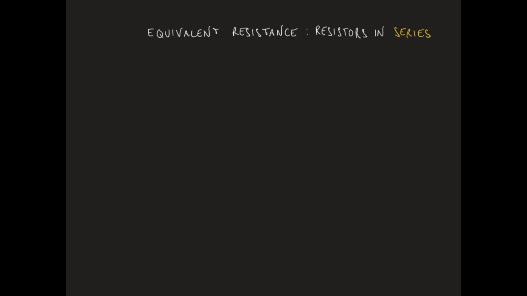Let us consider now this circuit consisting of a battery providing a voltage difference E with its negative terminal connected to the ground reference, and two resistors R1 and R2 in series, with the second terminal of R2 also connected to the ground reference.